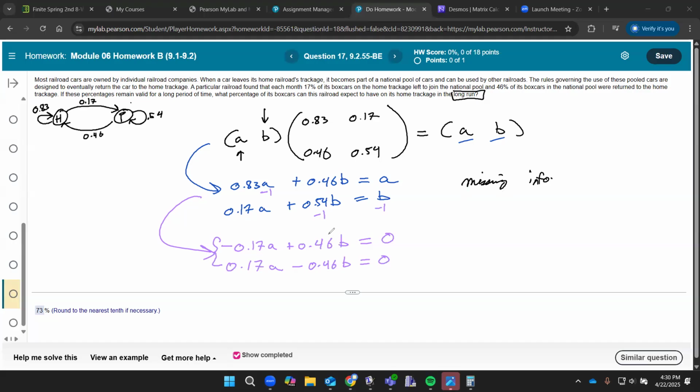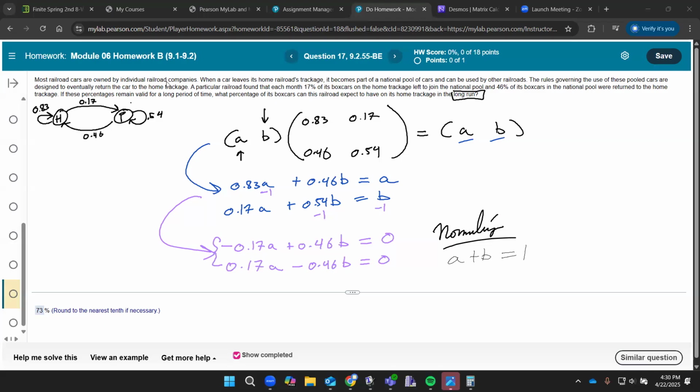So what were we not told, or what do we know they just didn't tell us? Sometimes people call this normalizing. a plus b equals 1, right? Now, why do I say a plus b equals 1?